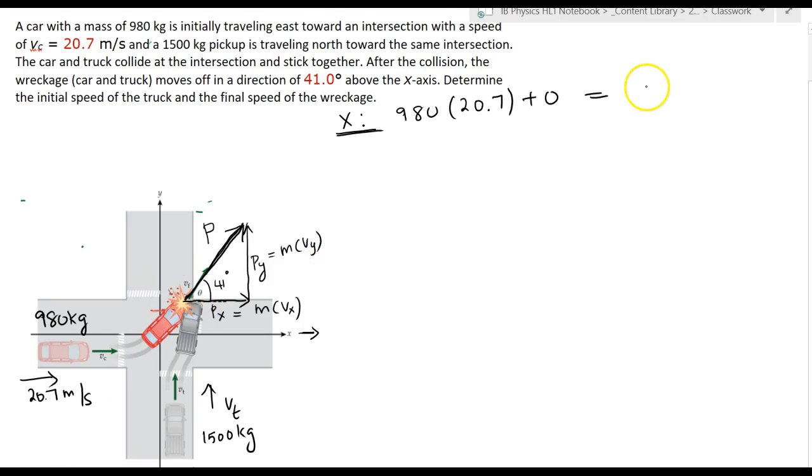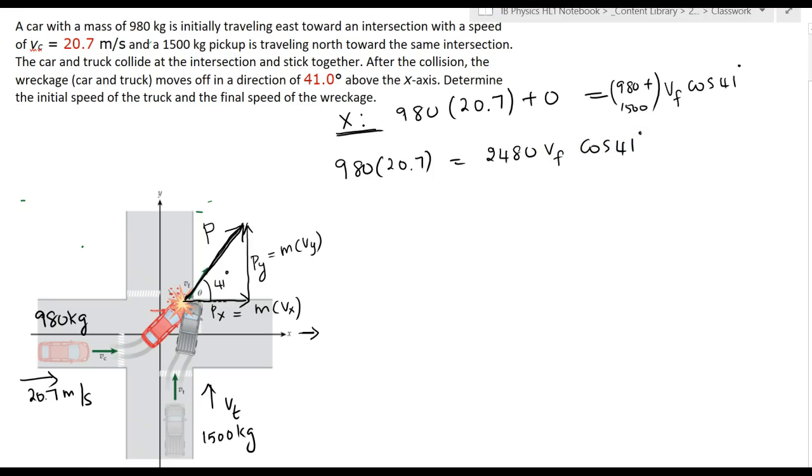So our vx is going to be VF cosine 41, and our mass is going to be the combined masses of the two, because the unit is both masses put together. So it's going to be 980 plus 1500 kilograms. Rewriting this equation, you get 980 times 20.7 equals 2480 VF cosine 41.